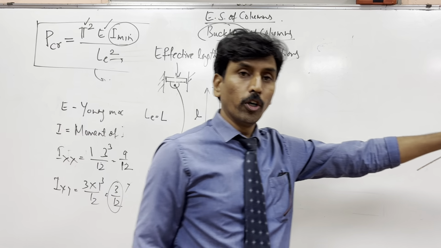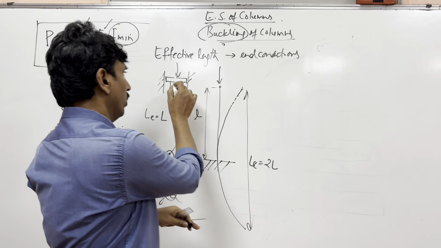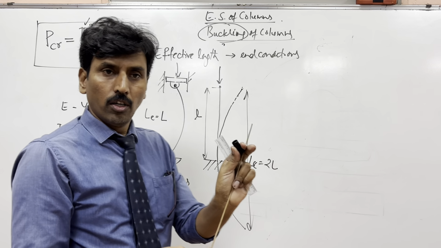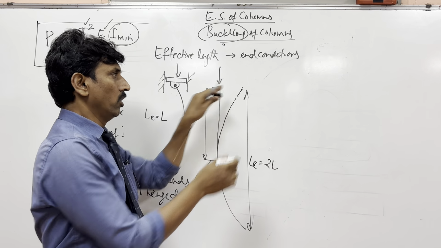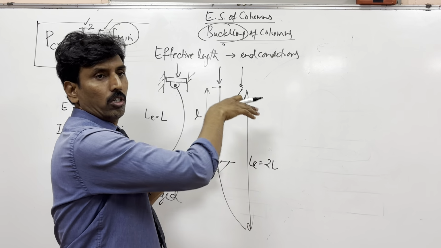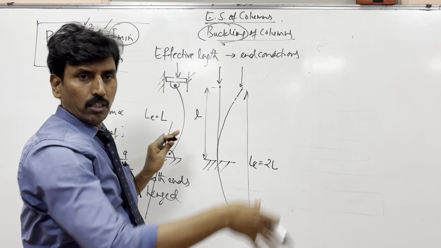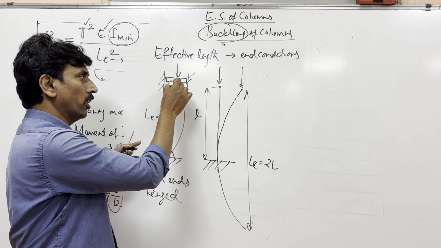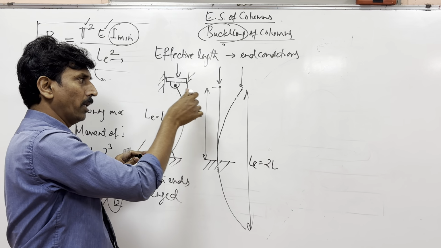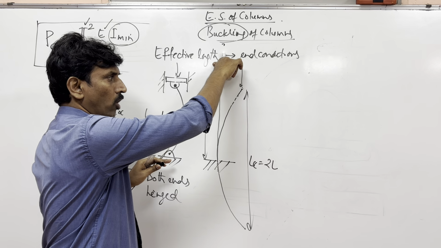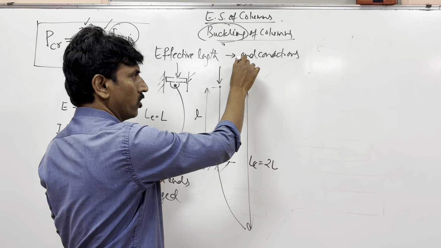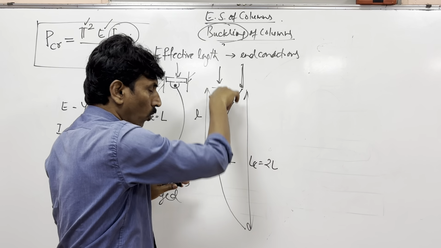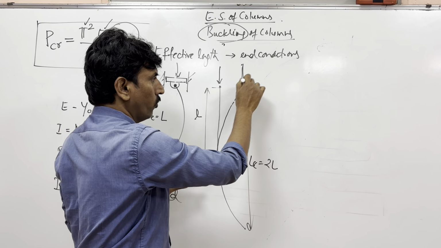Hinged means like door hinges. Free means you simply apply load and it can move any side. It is restricted here, it is allowed to bend, but as you apply load it is not restricted to move only along this path. It is free.